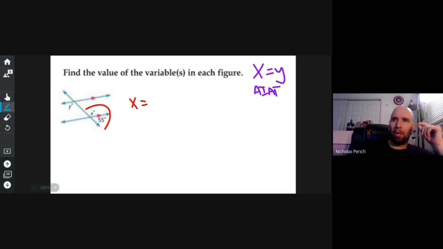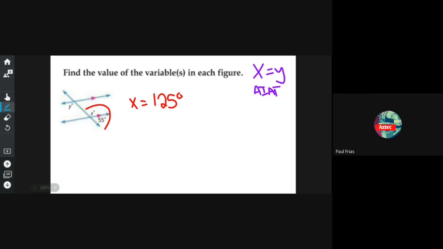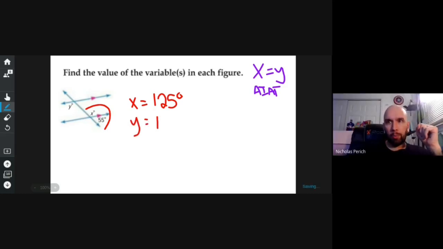Yes, 125. I had to think about that for a second. Good. And since x is 125, that means y is also 125. Very good.